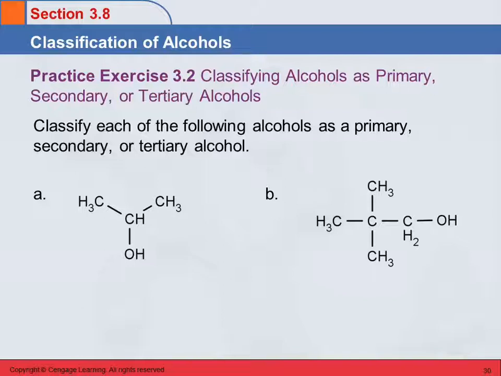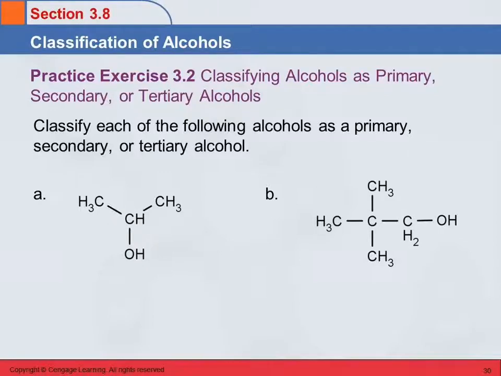So here's an exercise. Classify each of the following alcohols as primary, secondary, or tertiary. What is A? We're looking at the carbon that the hydroxyl group is attached to. How many carbons are attached to it?